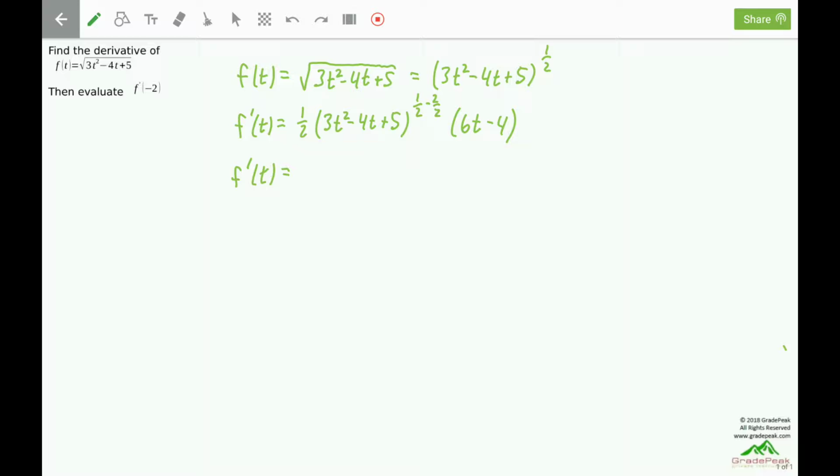Since everything is multiplied here, I can move the 6t minus 4 over with the 1/2. And I will have 3t squared minus 4t plus 5 to the 1 minus 2, which is negative 1 over 2.